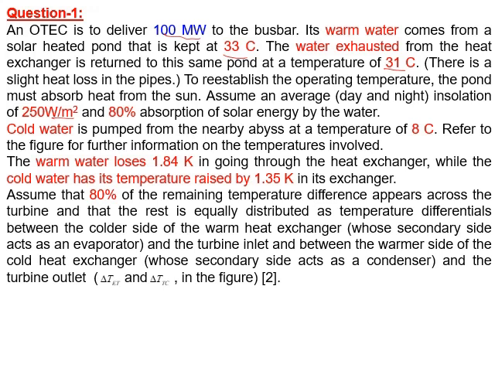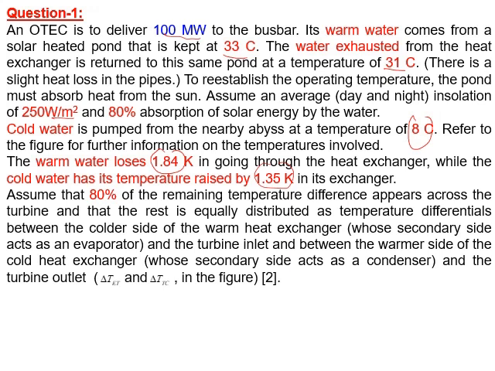For cold water, it's pumped by pipes from down with a temperature of 8. Okay, there seems to be a figure in the question. It's referred to a figure. I will see the figure in the next slide. The warm water loses 1.8, around 2 degrees, while the cold water delta T is 1.35.